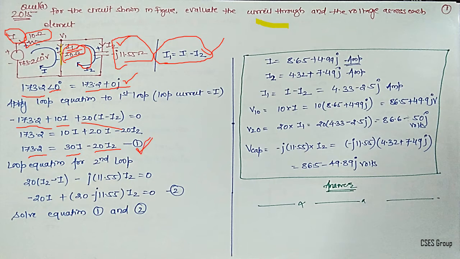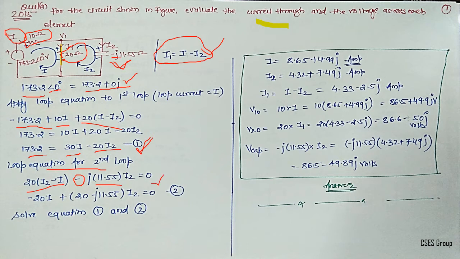Now let's move to equation number 2. For that you have to take this second loop. Let me clear this. Now the second loop equation comes out to be 20 into (I2 minus I1) because of this resistance, plus minus j11.55 I2. The minus sign is already there, so you take that one, equals 0.